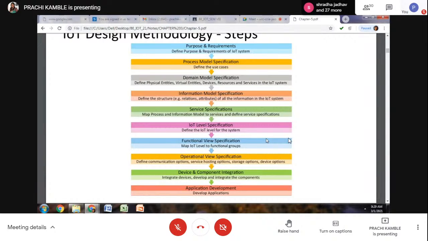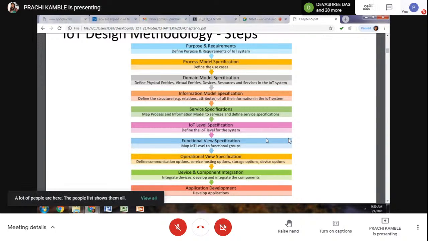The next is a functional view specification. It maps IoT level to functional groups. Then operational view. It defines communication options, service hosting options, storage options, and device options.